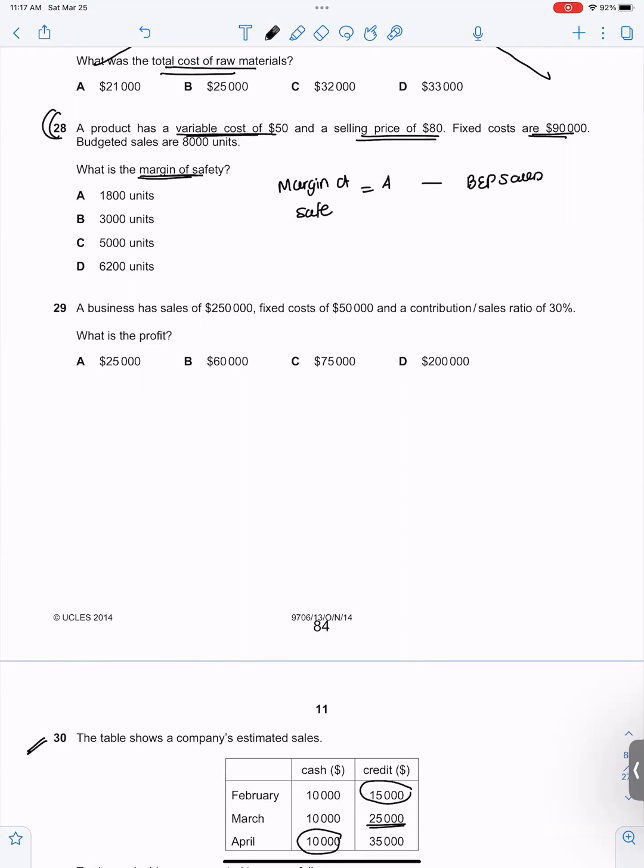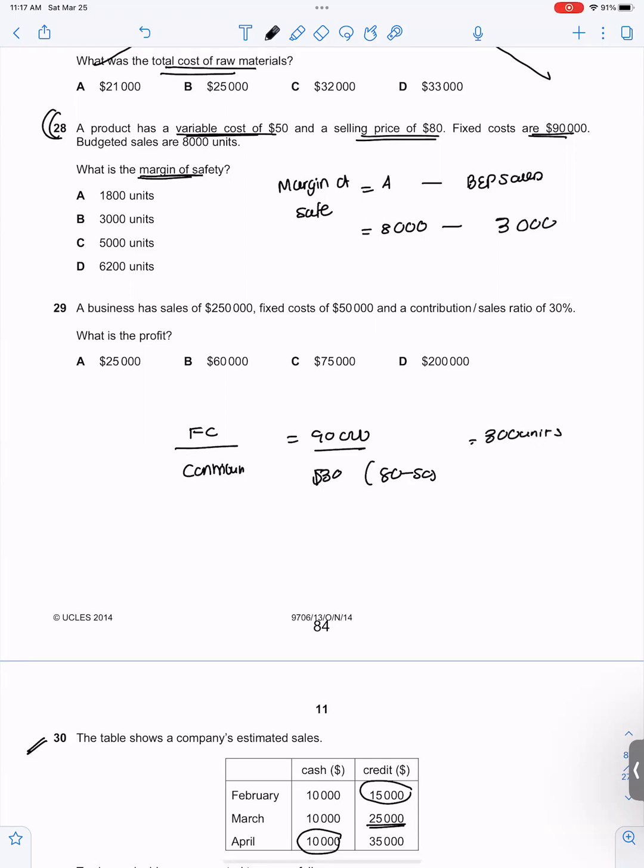Break-even point is fixed cost upon contribution, so 90,000 upon 30, which is 3,000 units. So 8,000 minus 3,000 is 5,000. Margin of safety is 5,000, option C.